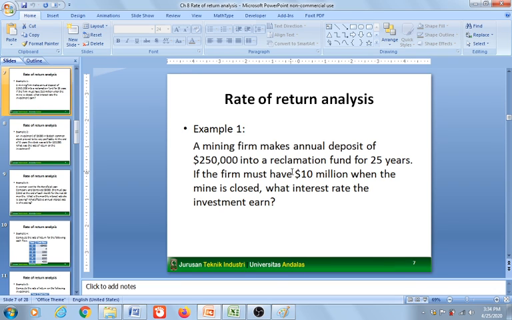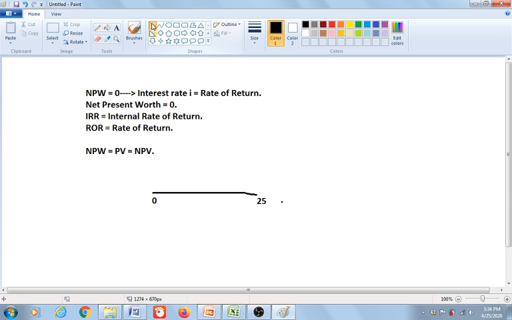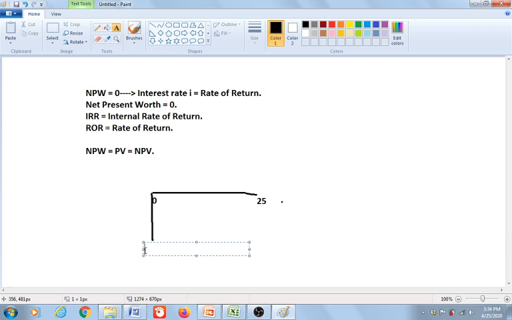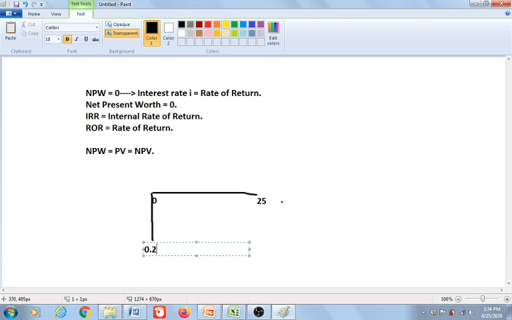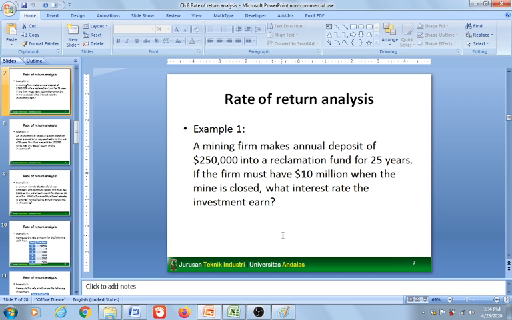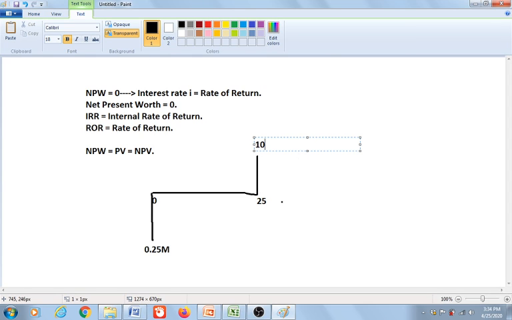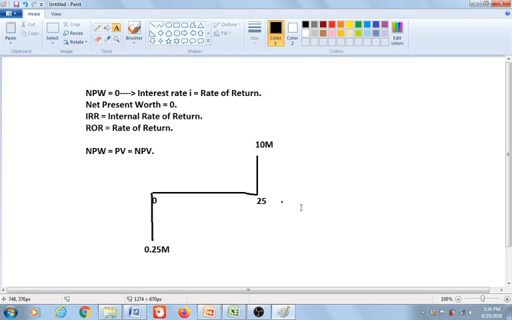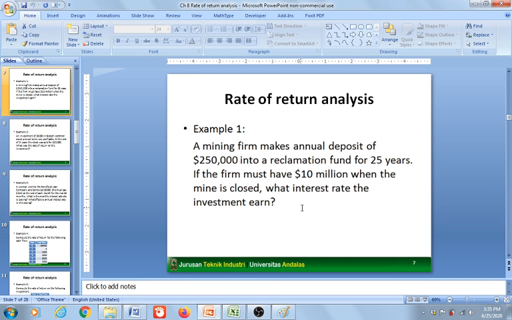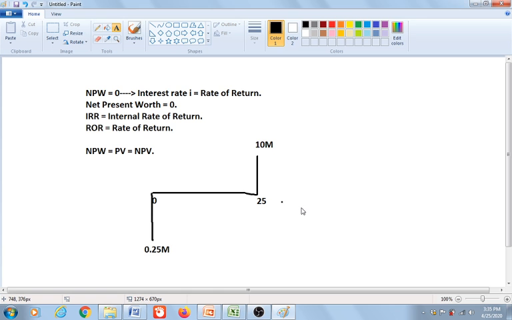The deposit will be 250,000, so it is a negative cash flow, and it is 0.25 million. And after 25 years, the company must have 10 million. That will be a positive cash flow, and that number will be 10 million. And it is asking for the rate of return on this investment.